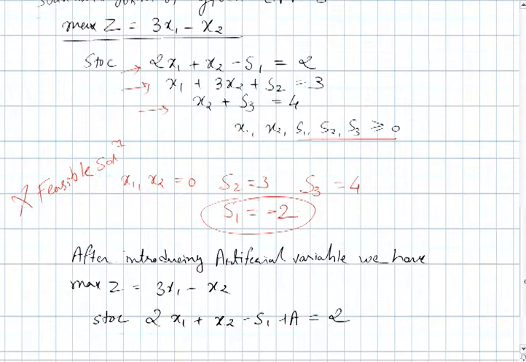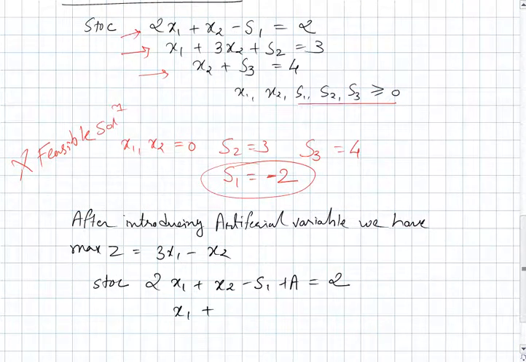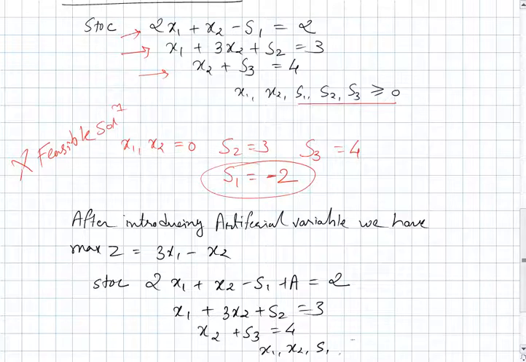The second constraint is as it is: x1 plus 3x2 plus s2 equals 3. The third constraint is again the same: x2 plus s3 equals 4, with x1, x2, s1, s2, s3 and a all non-negative.